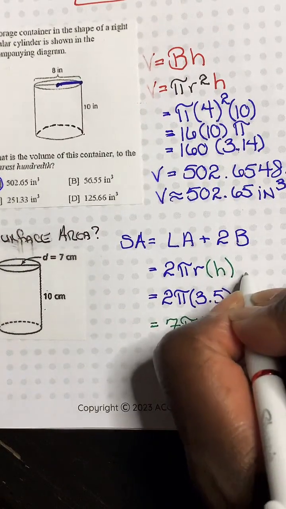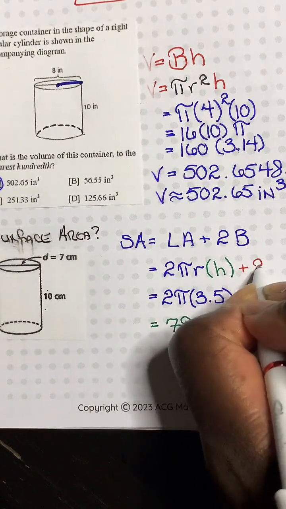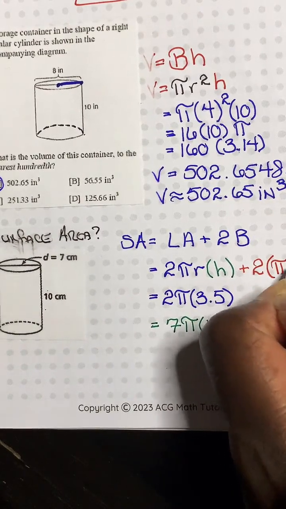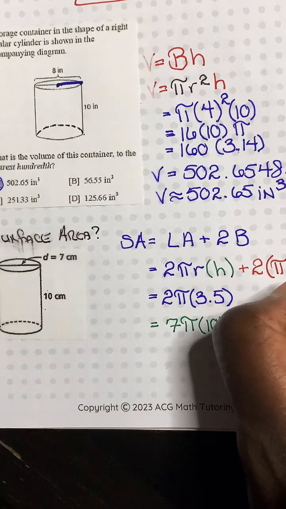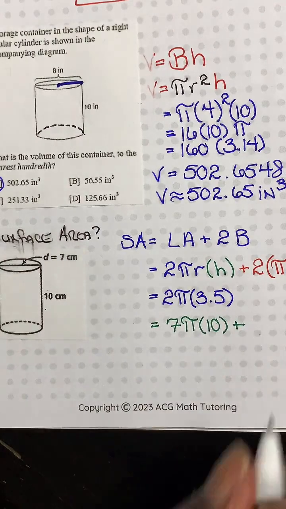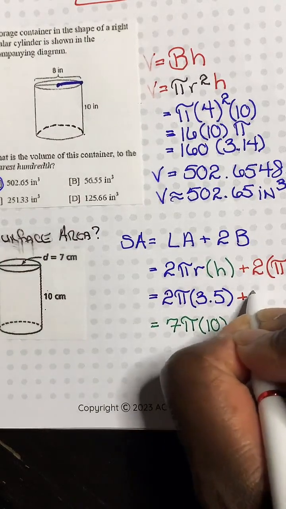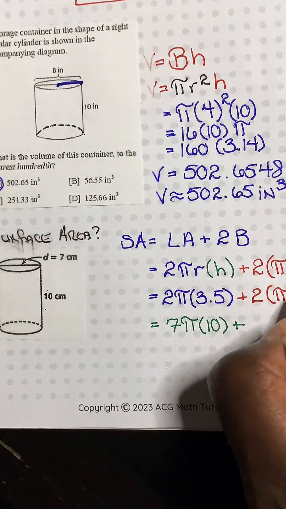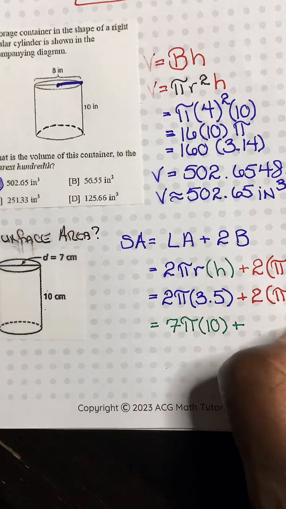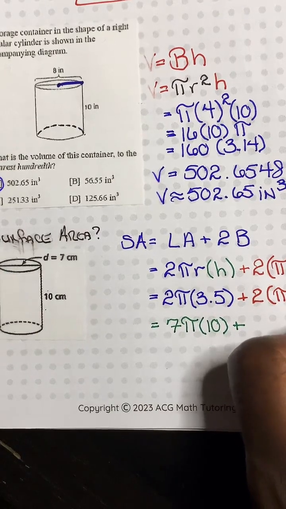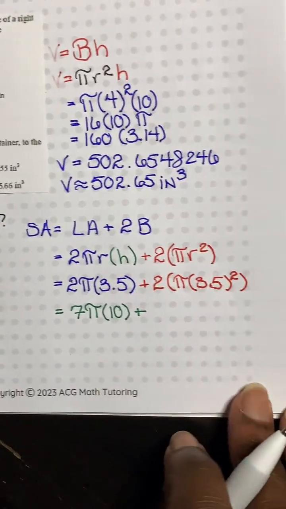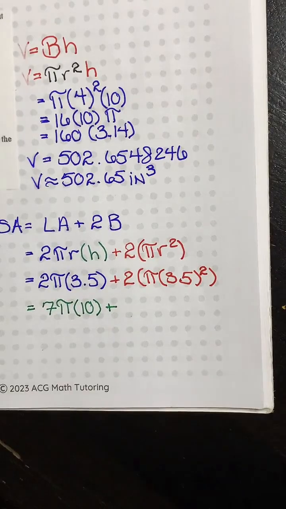So if I may, we have our area of the base, which is pi r squared, and we need 2 of them. So we have our pi, we have our radius, which was 3.5, and it's being squared.